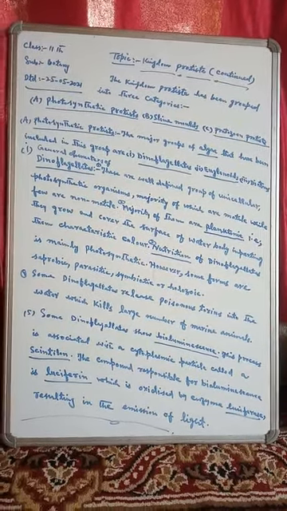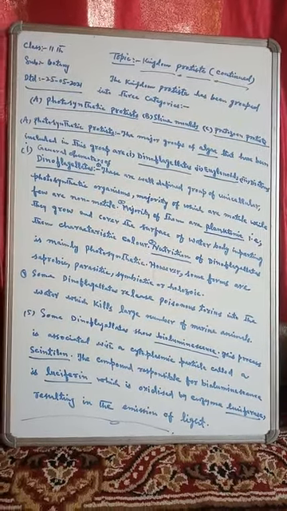This is the first general character, that this group is a well-defined group, and the organisms included in this group are unicellular and photosynthetic. And the majority of these organisms are motile, whereas few are non-motile.